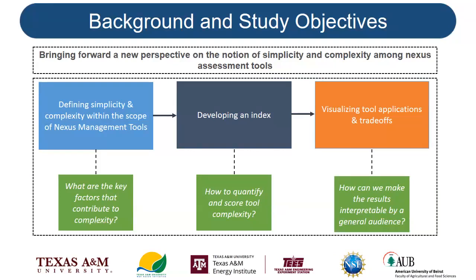The second is developing an index, a quantification of the different tools and their level of complexity based on the developed criteria. And the third objective is to visualize that spectrum of complexity and simplicity of tools within the context of the different purposes and different methodologies that these tools adopt.